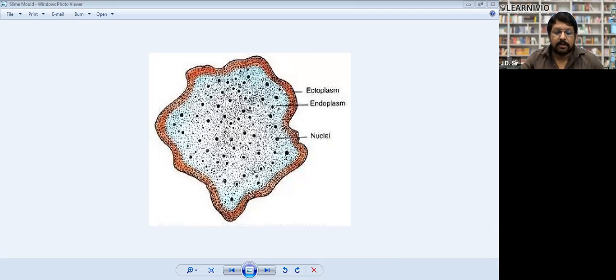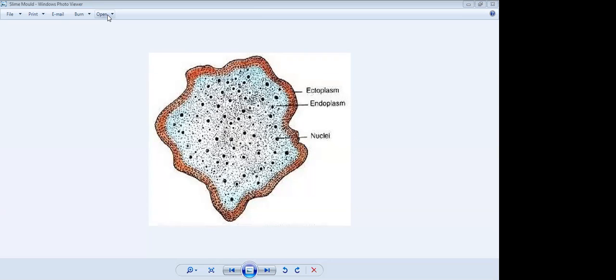They have ectoplasm, the outer protoplasm, and endoplasm, the inner protoplasm, and there are a number of nuclei. So generally they are multinucleated, with multiple nuclei. This is the structure of the slime mold. Actually, they look like this.